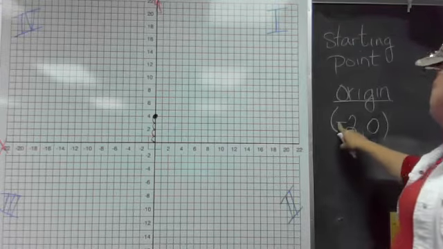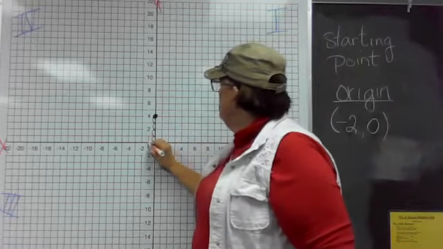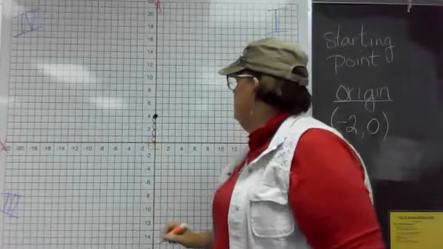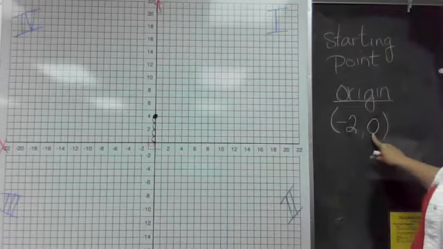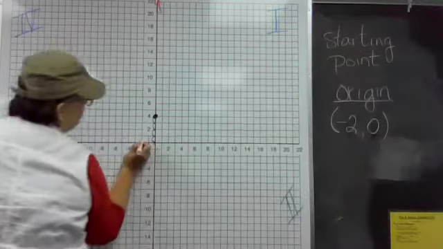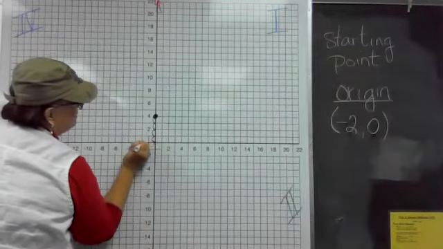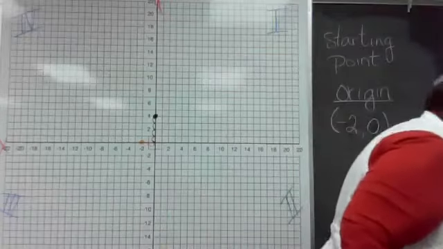So I'm going to move in a negative direction 2 blocks. Here's the origin. I'm going to move 1, 2, but I still have to go vertically. It says I'm already there. I'm not going to go anywhere on the y. So the point, and I don't know if you can see it, let me know, is right here. Do y'all understand that part? Yes, ma'am. Okay. Are you okay, Luanny? Yes, ma'am.